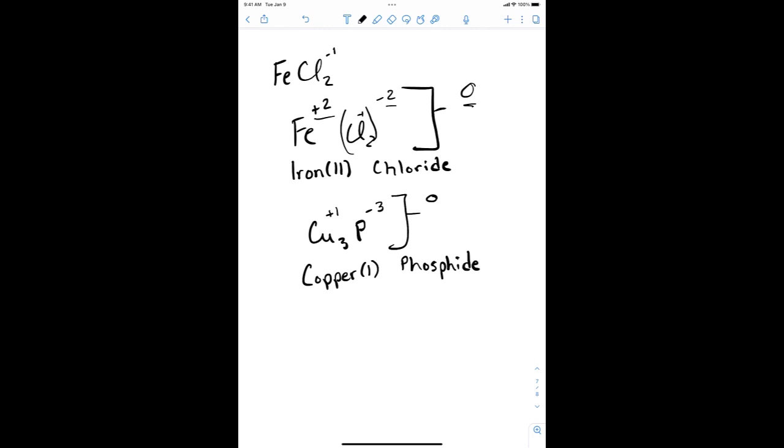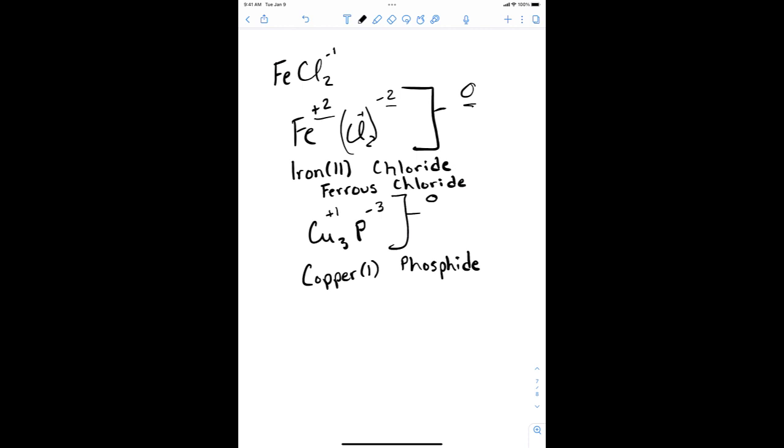If we're looking at those common names, we can look at common names for both of these. When we're talking about iron, it's Fer for the start of it, and then we know that iron can form iron 2, and it can form iron 3. This is iron 2, which is the lower charge of the 2, and so we would call this ferrous chloride.